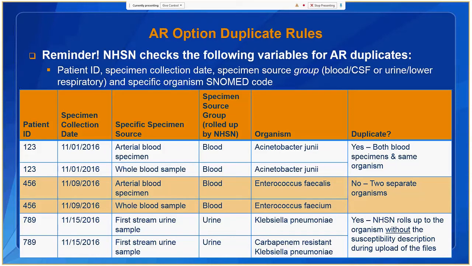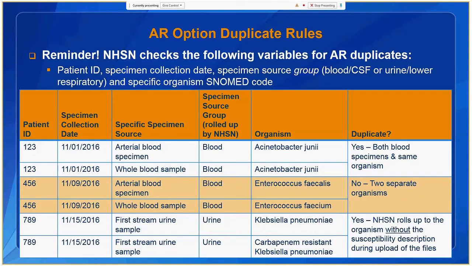In order to highlight some of the nuances, I've provided a few examples on this slide. Just taking the first two rows for patient ID 123, that patient had two specimens collected on the same day. One was technically an arterial blood specimen, and the other was classified as a whole blood specimen. Those are two separate SNOMED codes.